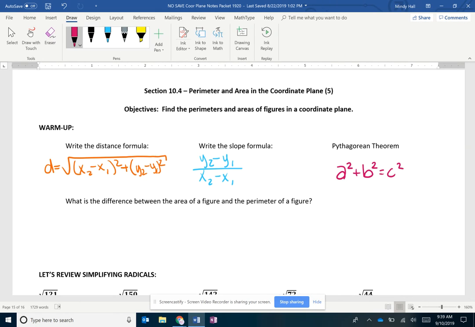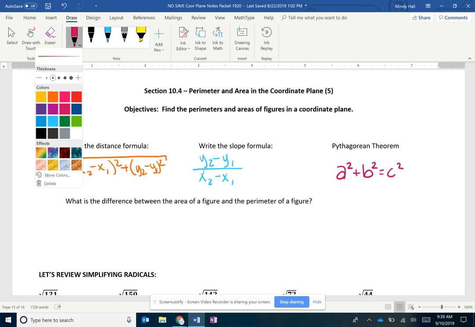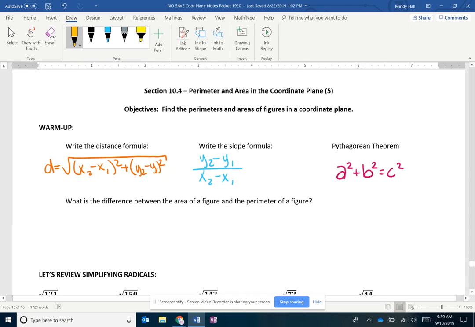So the difference between the area of a figure and the perimeter of a figure is that area is the amount of space you have inside, and perimeter is your distance around the outside.